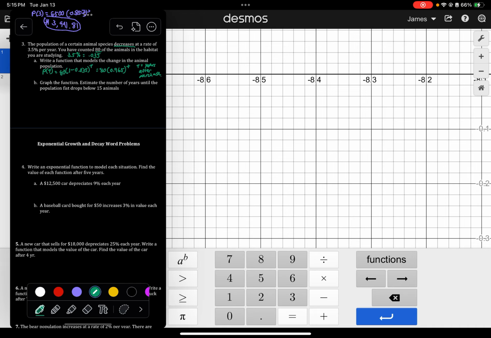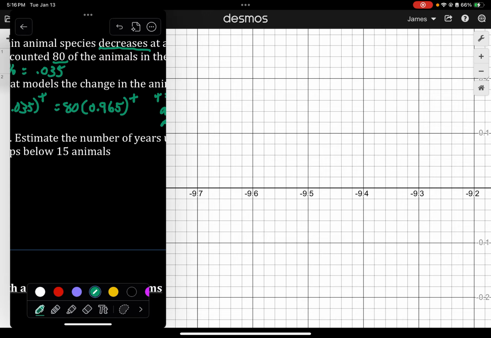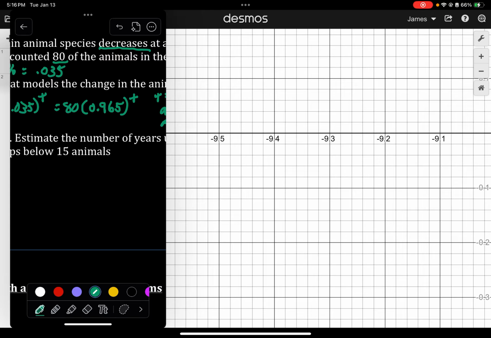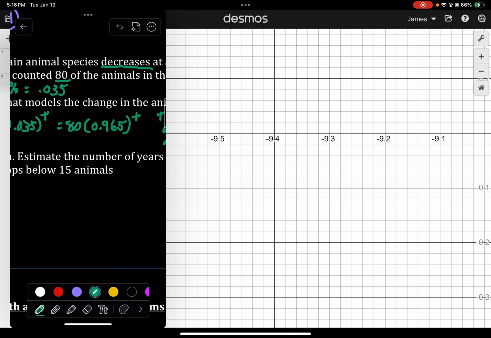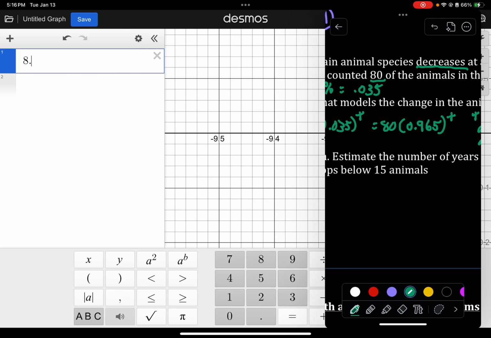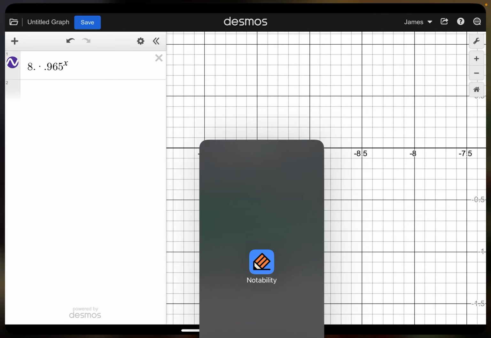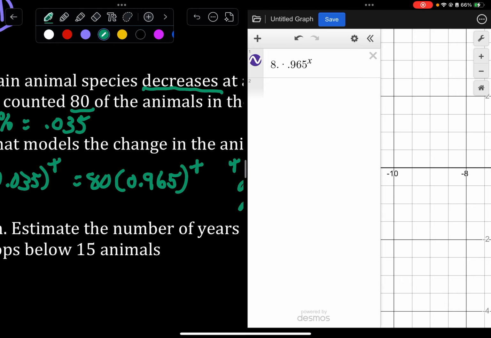So they want us to type in 80 times 0.965 to the power of, and now I'm just going to type in x. And that is the function.